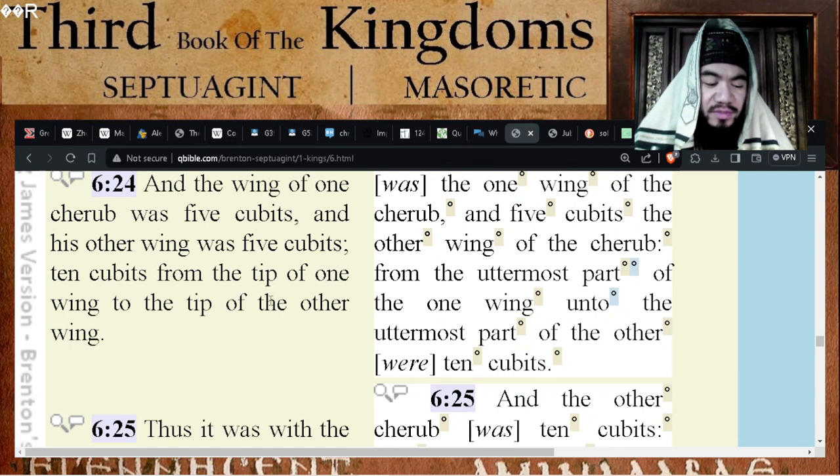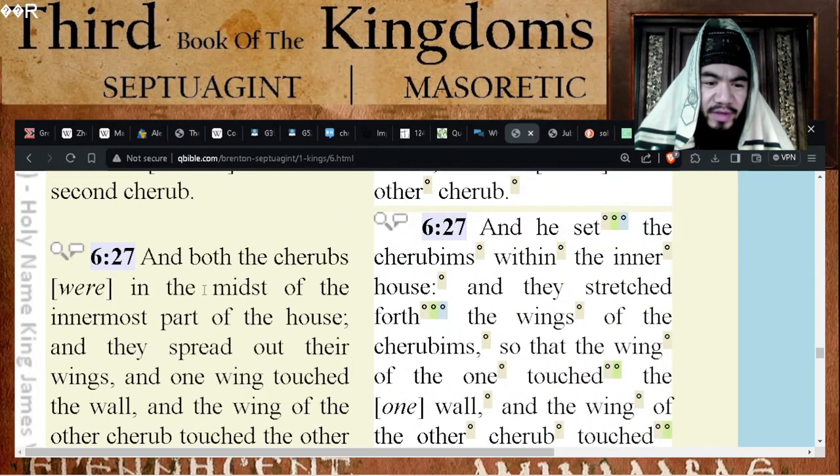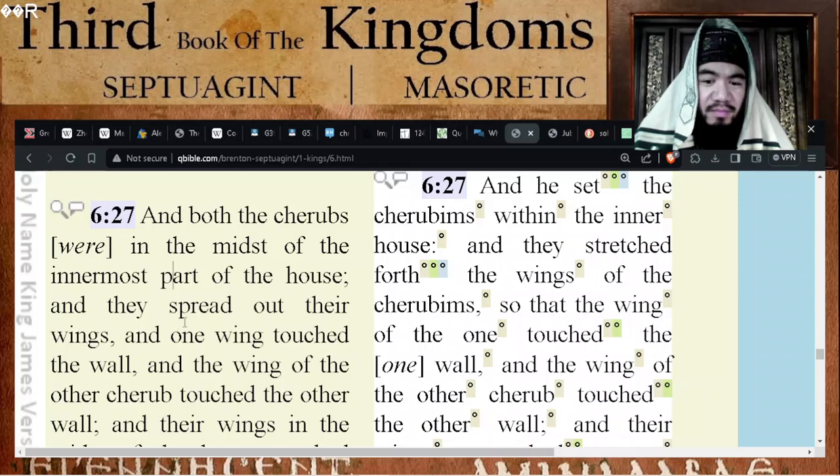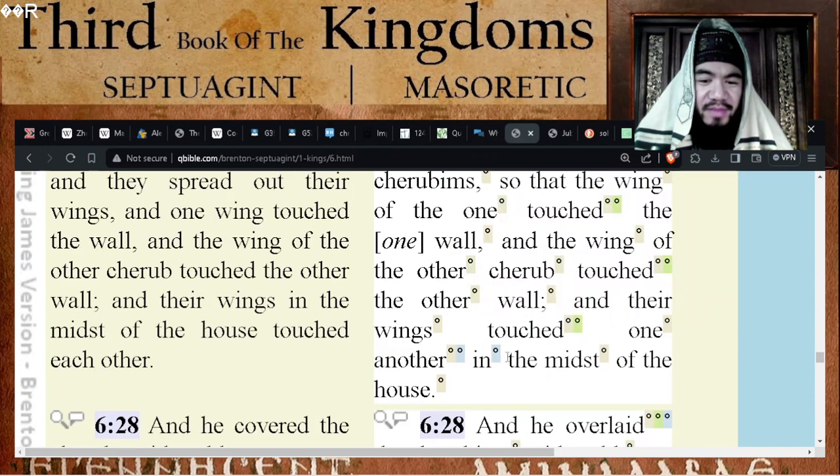It's two different cherubs meeting their wings together. Verse 27, in the Septuagint, provides exactly where the cherubs are located, not just the inner part of the house, but the middle of it, the midst of it. Actually, it does say that in the Masoretic. It's just at the end. You just have to pay attention.